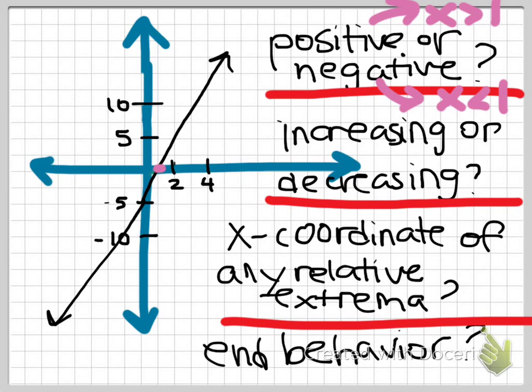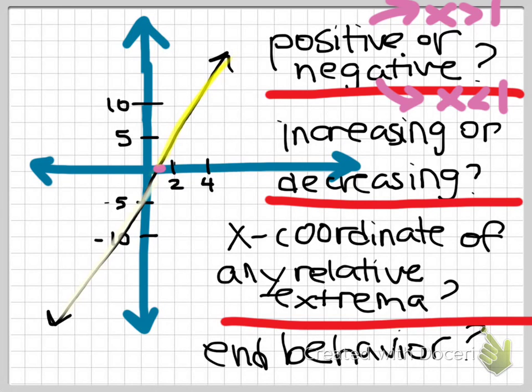So this graph actually has positive and negative behavior. Here's the positive one, and here's the negative one. Okay?